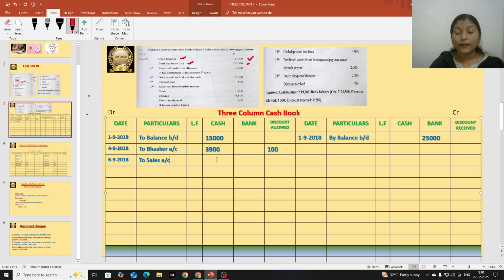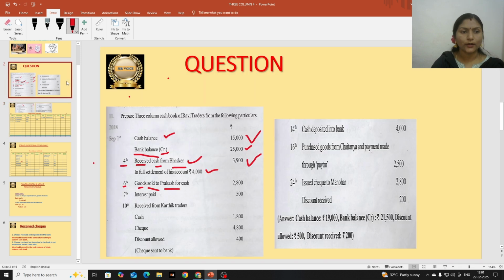Okay, and by selling, what is the business actually receiving? Cash or check? Cash. So we will put the amount in cash column. How much is it? 2,800. Okay. Hope this is clear for everyone. Let us go to the next one.